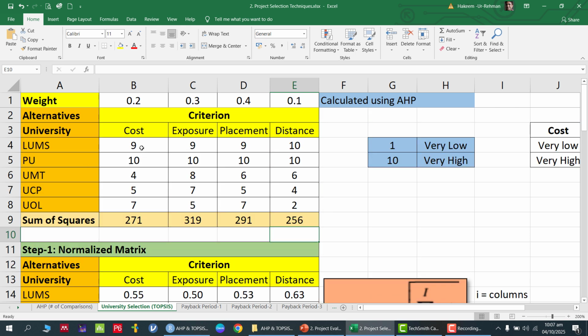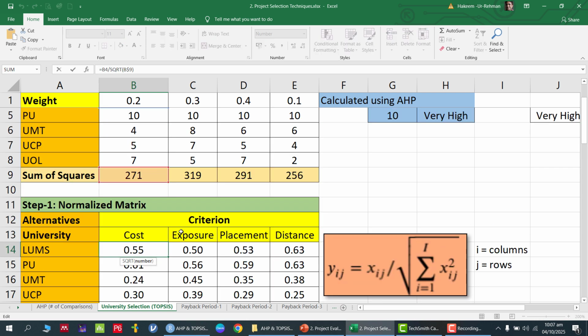So what is the normalized matrix? It is basically 9 divided by the square root of this sum of squares. So what we are doing is 9 divided by the square root of 271, in this particular case. I'm using the dollar sign to freeze the reference with respect to the row.